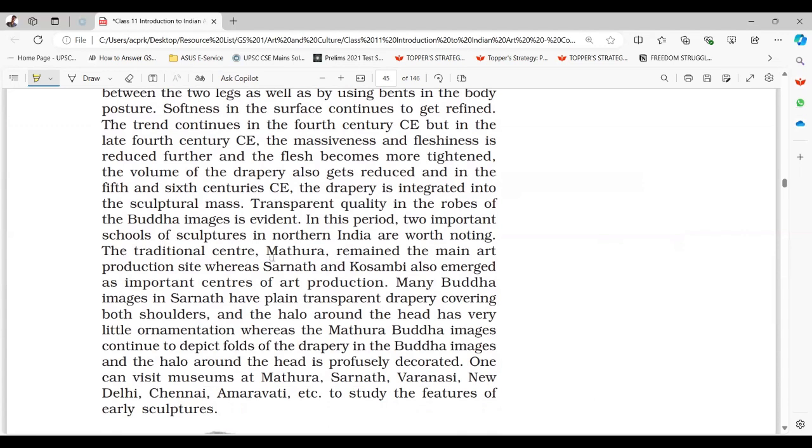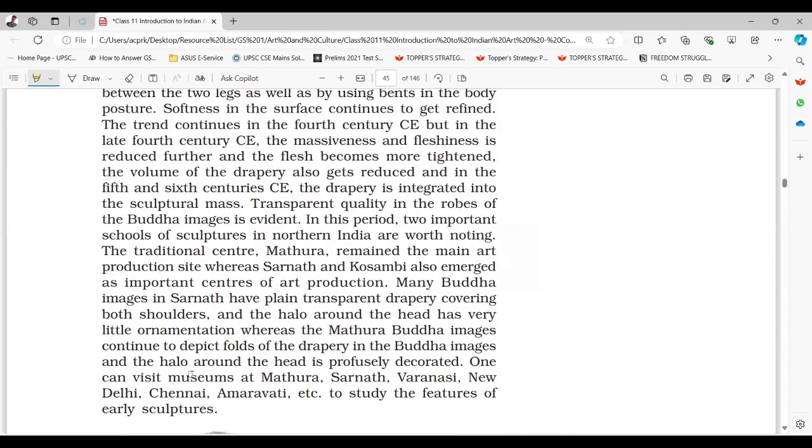The traditional center, Mathura, remained the main art production site, whereas Sarnath and Kaushambi also emerged as important centers of art production. Many Buddha images in Sarnath have plain transparent drapery covering both shoulders, and the halo around the head has very little ornamentation, whereas the Mathura Buddha images continue to depict folds of the drapery, and the halo around the head is profusely decorated.